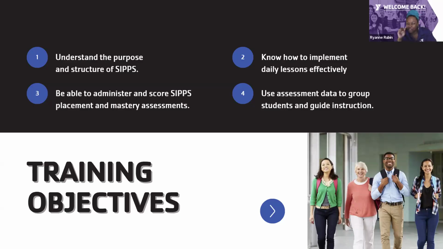Again, more of that information will be dived into as we go through the SIPPS lessons, but you'll get a basic skeleton or breakdown of how you would do a daily lesson. And then you'll be able to administer and score SIPPS placements in mastery assessments, and then you'll use the assessment data to group students and guide your instructions.